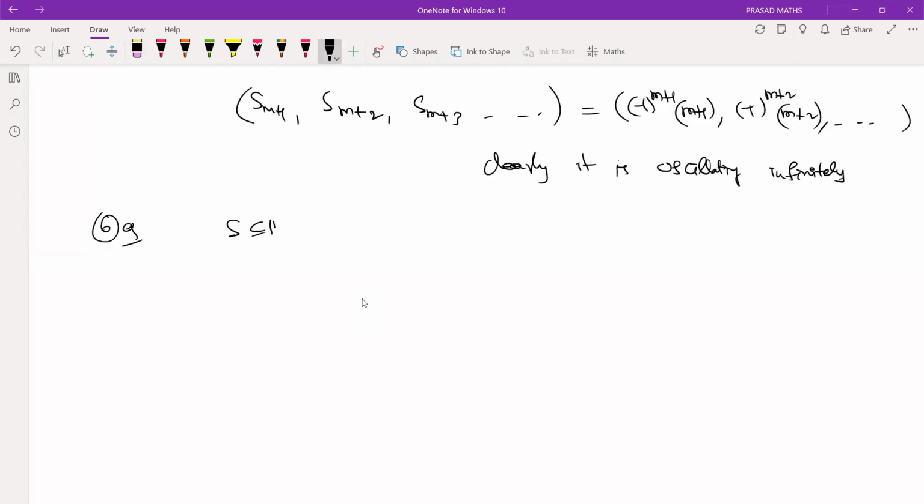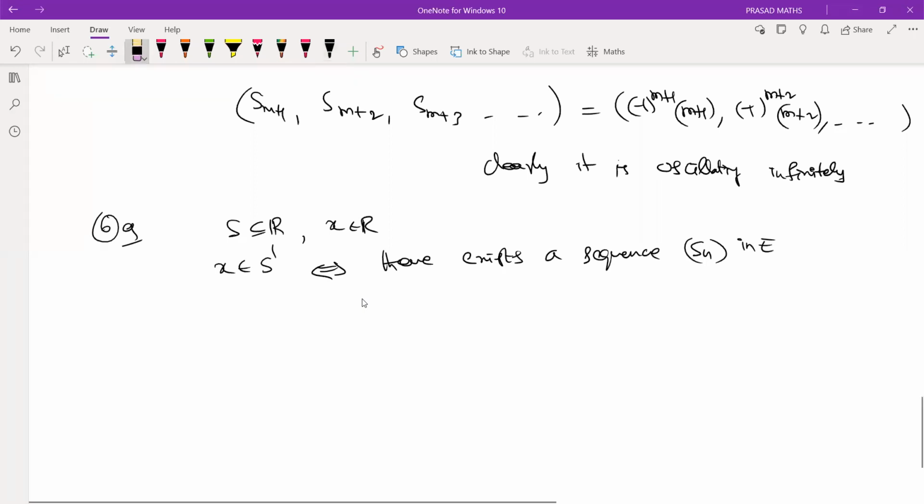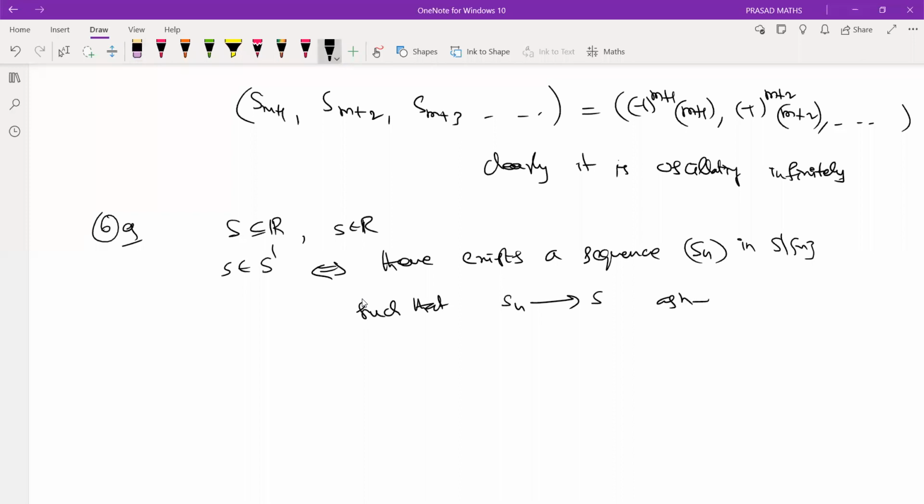Suppose you take any S, a subset of R. Suppose you take x, a real number. x is a limit point of S if and only if there exists a sequence of distinct terms in S minus {x}, other than x, such that Sn converges to x as n tends to infinity.